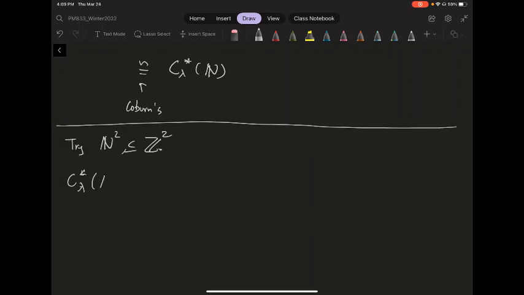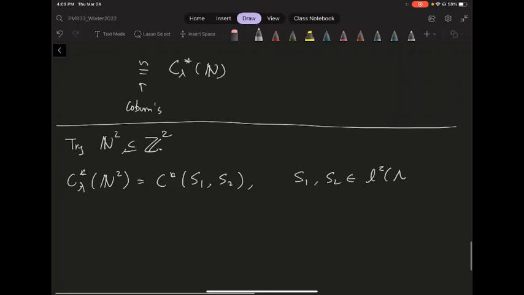You can consider the reduced C-star algebra of N^2, basically generated by something called the bi-shift. This is the C-star algebra generated by S1 and S2, on the L2 space of N^2, where S1 of e_{(n,m)} is the shift in the first coordinate, (n+1, m).